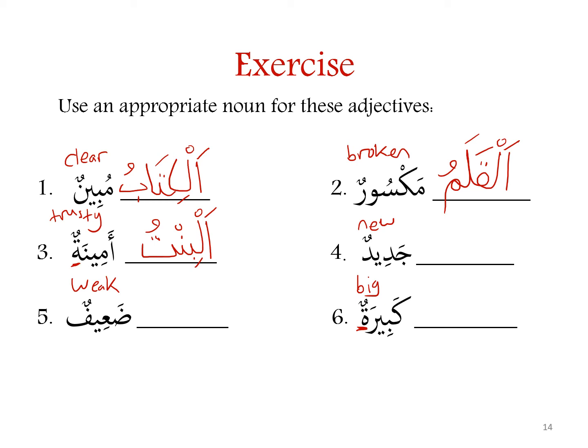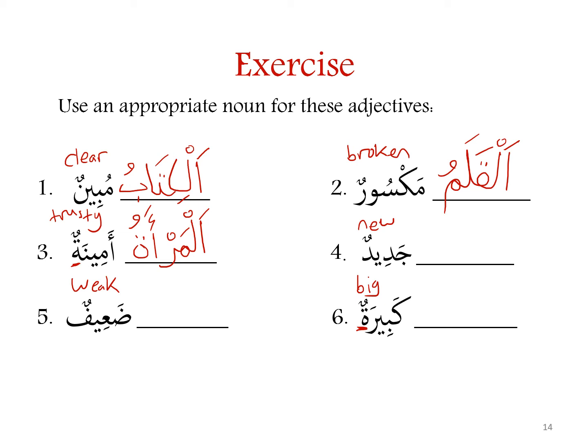If I wanted to put, for example, the woman is trustworthy, I can put al-mar'atu aminatun. So these match in gender, both had ta marbuta, and the sentence structure is fine.